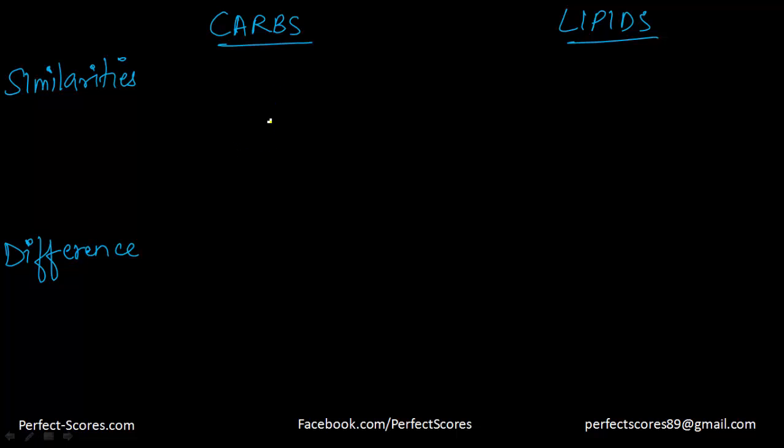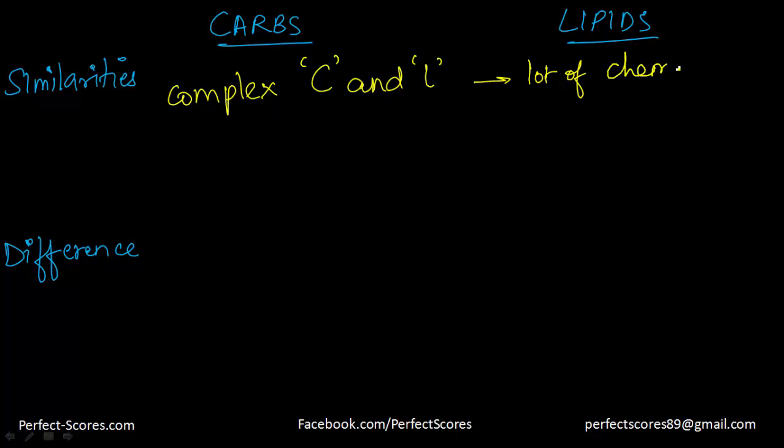Coming to similarities, the complex carbohydrates and lipids. Let me just call it C and L. The complex carbohydrates and lipids both contain a lot of chemical energy and can be used for energy storage.